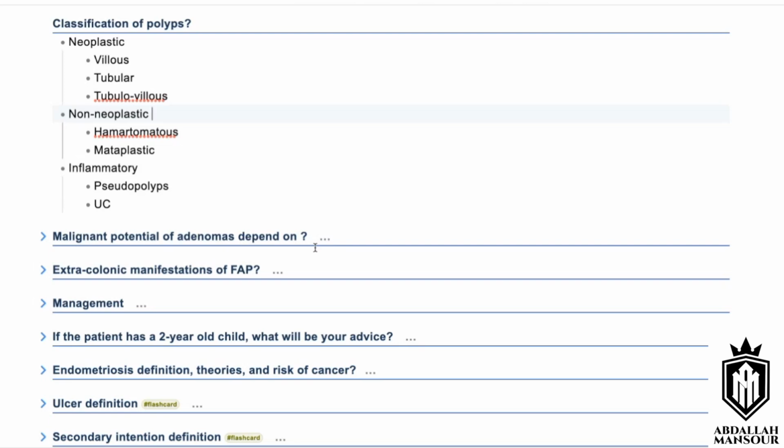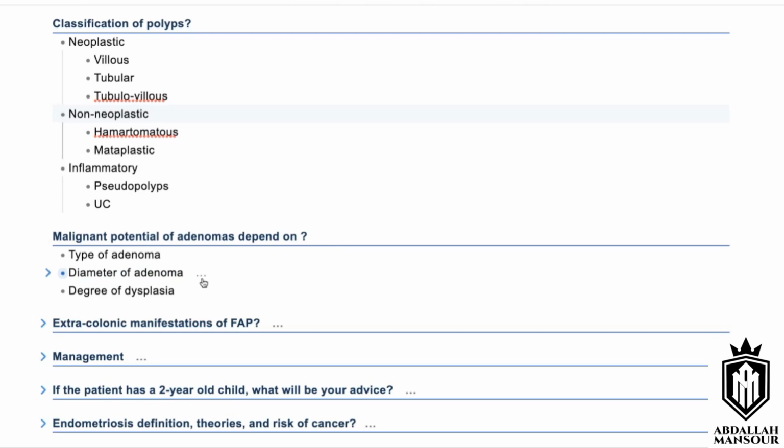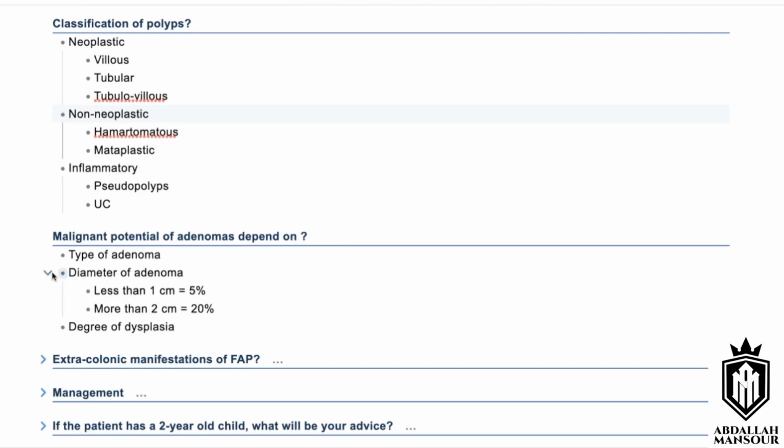I think if it's more than 1 centimeter in diameter, it might have a malignant potential. Yeah, so more than 1.5 is likely to increase the risk of cancer. All right.